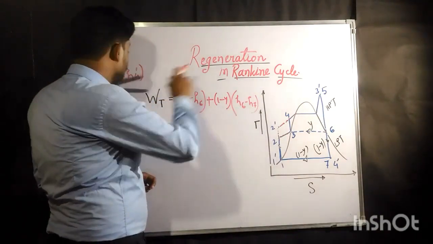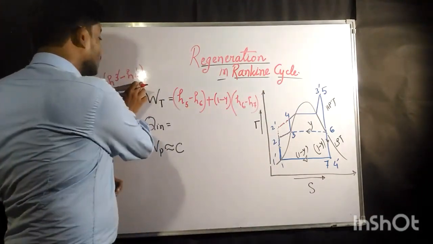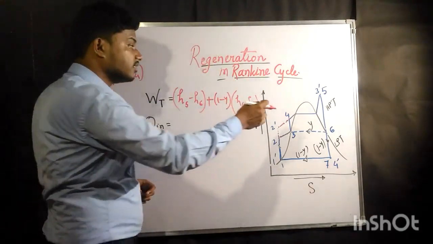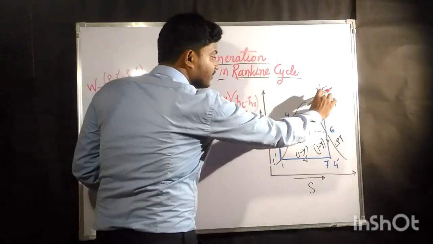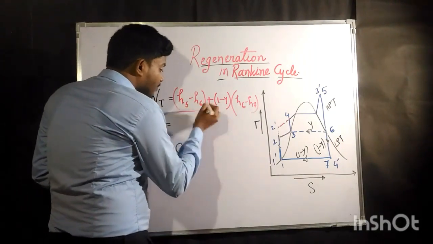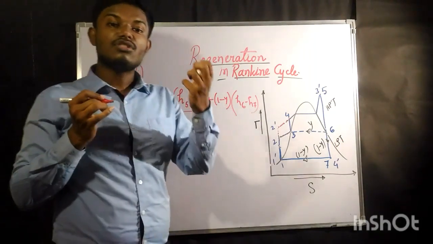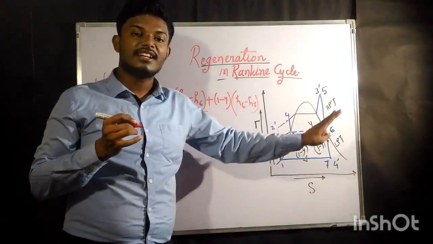Why? Because this total distance, 3 dash to 4 dash, we are covering in 2 steps, 5 to 6 and 6 to 7. Up to 5 to 6 the amount of mass is the same for both the original Rankine cycle and the regeneration Rankine cycle.